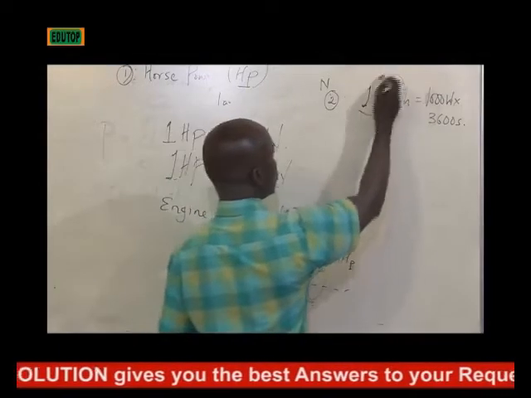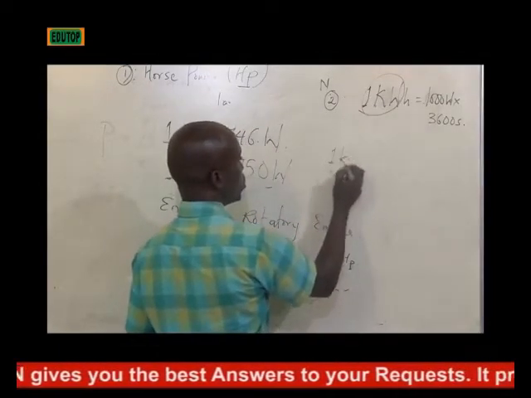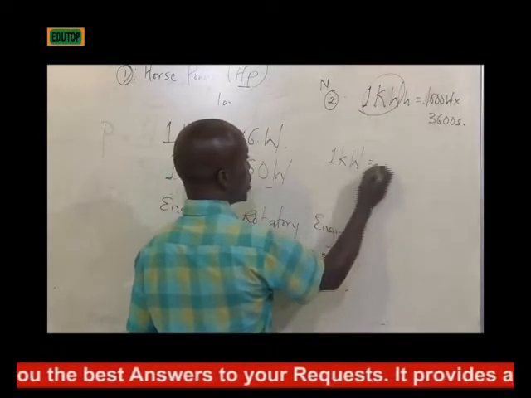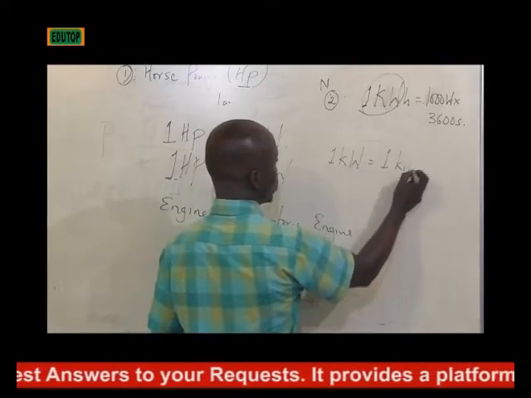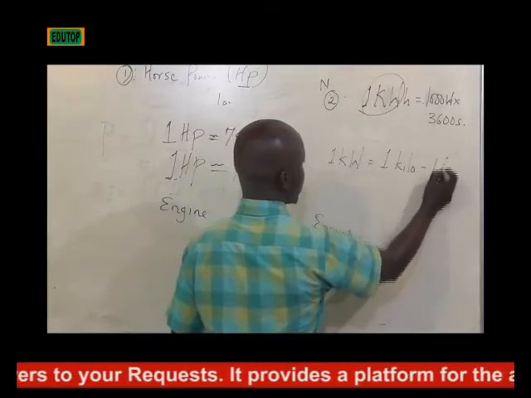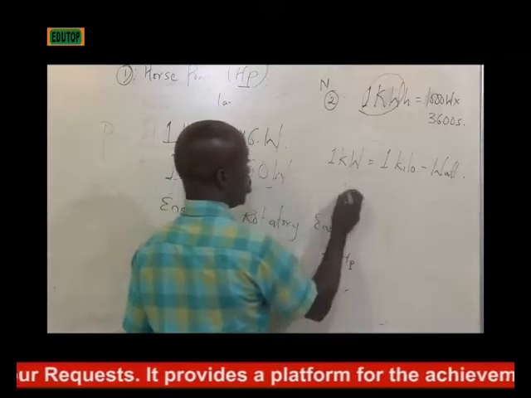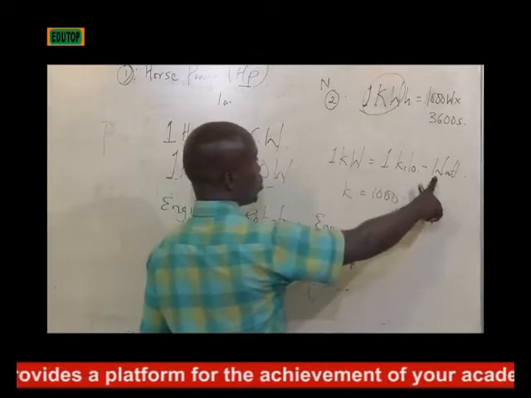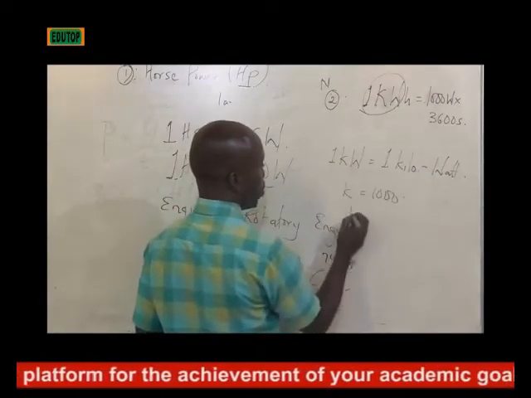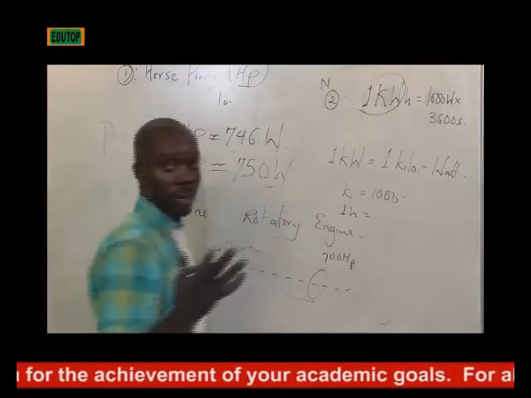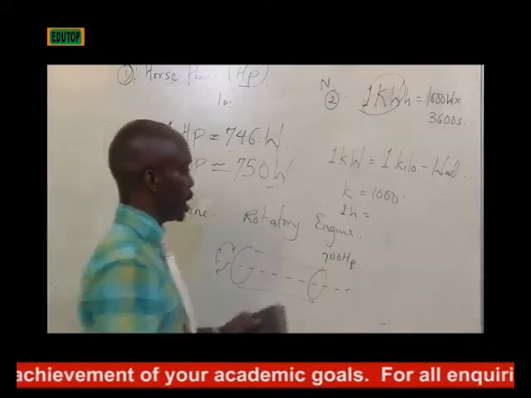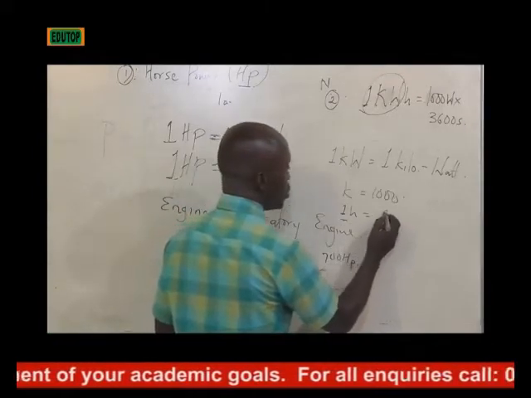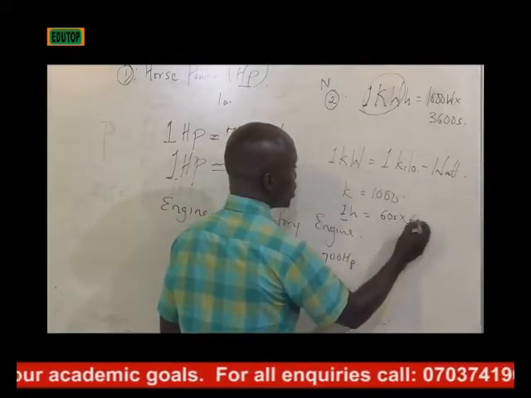What do you mean by this? Let's break it down. 1 kilo. In science, you should be able to know what they call kilo. 1 kilo, then watts. Anywhere you see kilo means 1000. Watt is the SI unit of power. Hour, 1 hour, is your time. When you say 24 hours, make 1 minute like that. So 1 hour will always give you 60 seconds times 60.